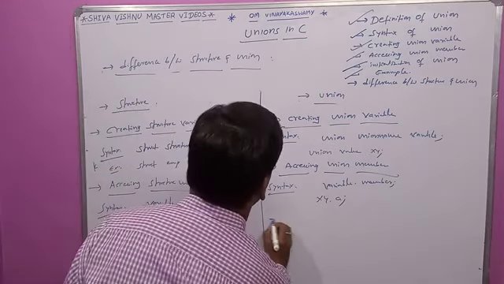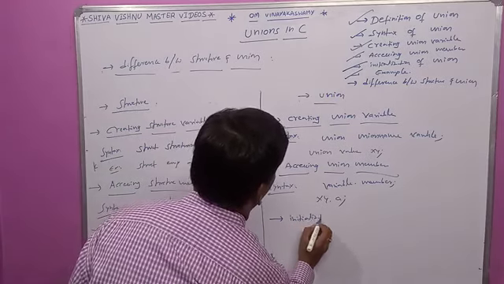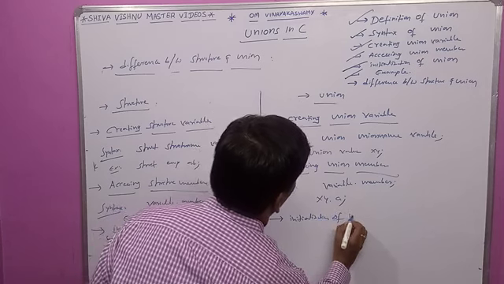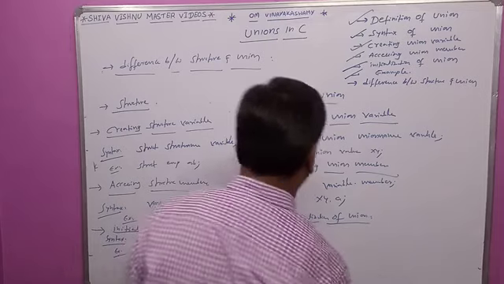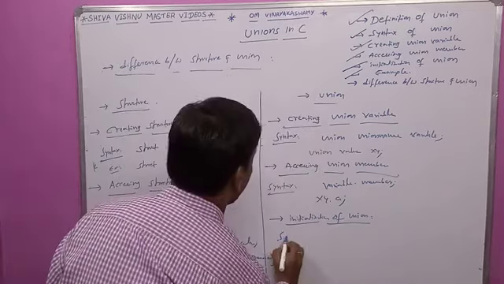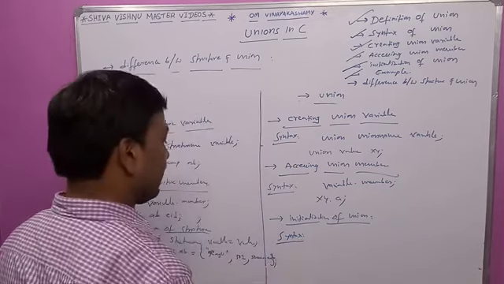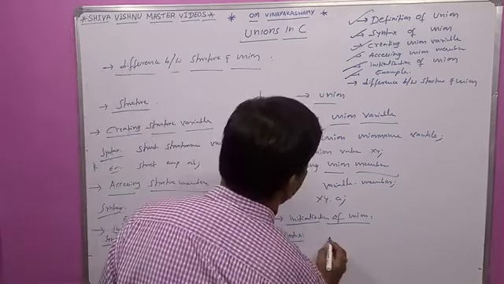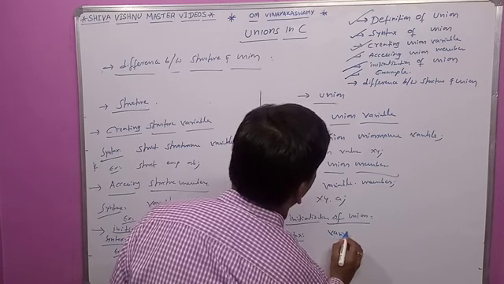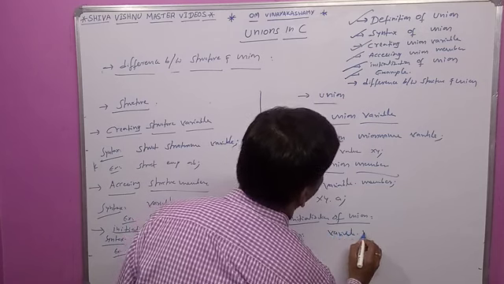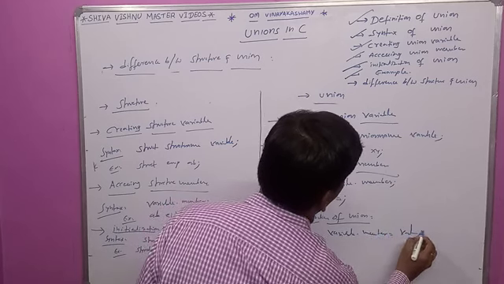Here you can see the initialization of union. Here also we have the syntax: the variable, dot operator, member, value, semicolon.